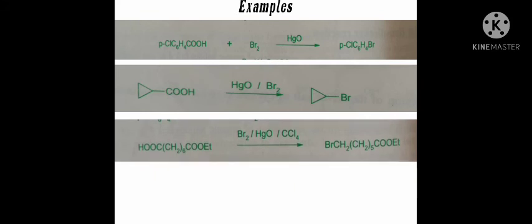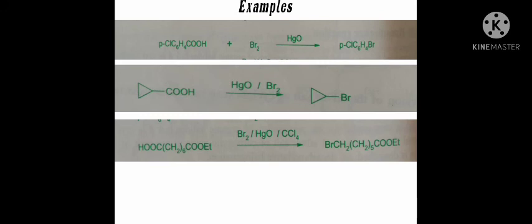The product is the same, very simple. In place of the acid group, we substituted one bromine. By elimination of carbon dioxide, we got the product. Similarly in the second example, in place of the carboxylic acid group, we substituted one bromine group and got the product.